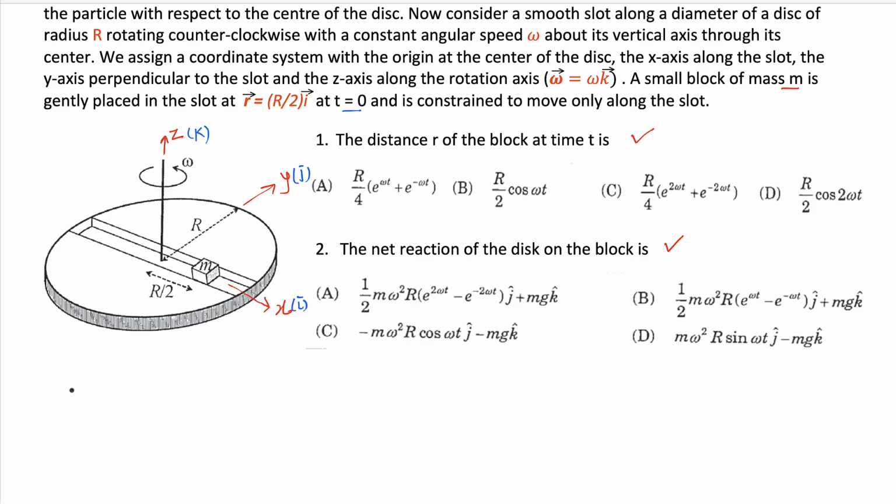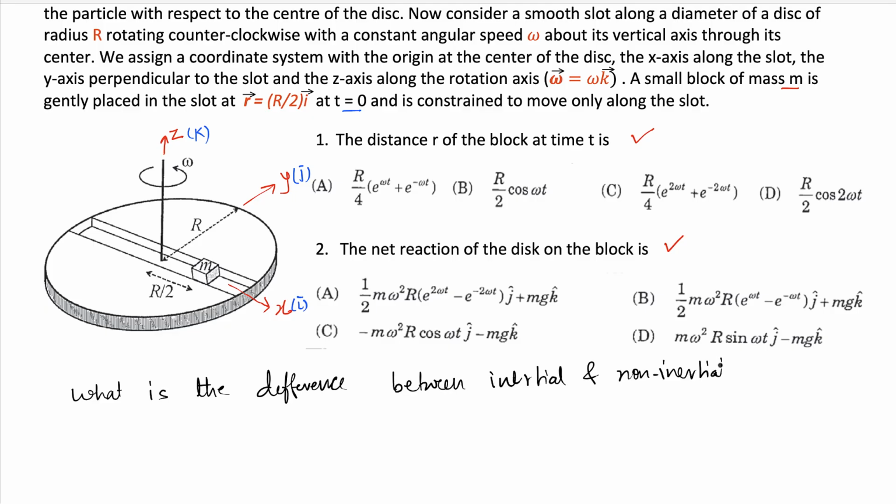What is the difference between inertial and non-inertial? And this is also accelerated or rotational. Okay.